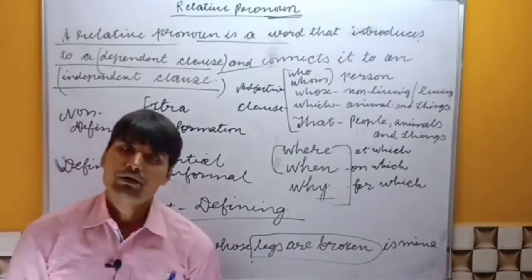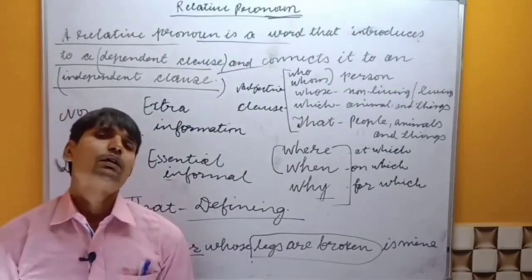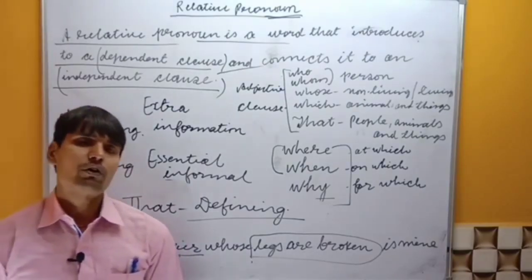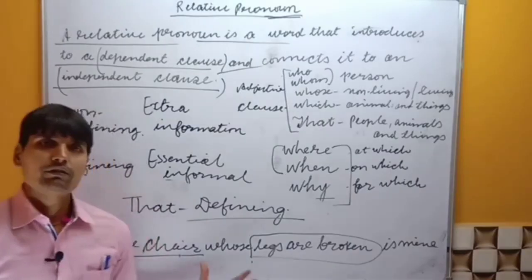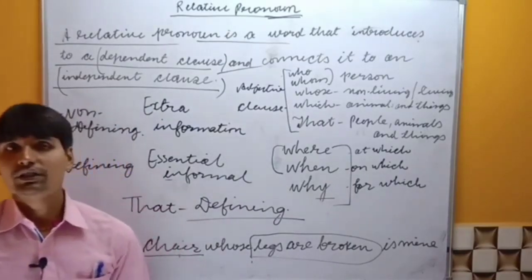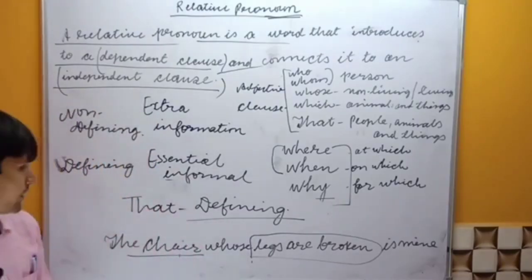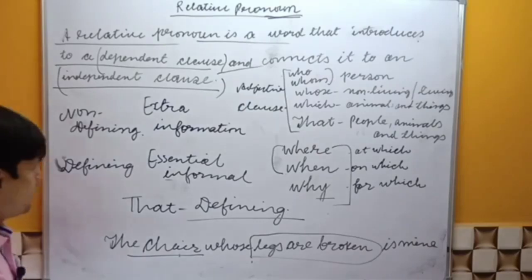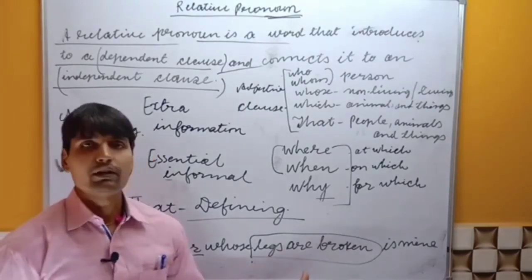You would remember this if you have watched my noun chapter, where I explained how to form the non-possessive. Because a chair is a non-living thing, you make it "the legs of the chair", not "chair's legs." That's not correct there. So the chair whose legs are broken is mine.